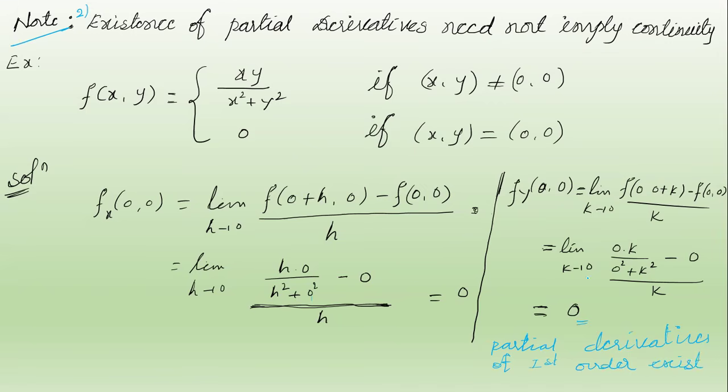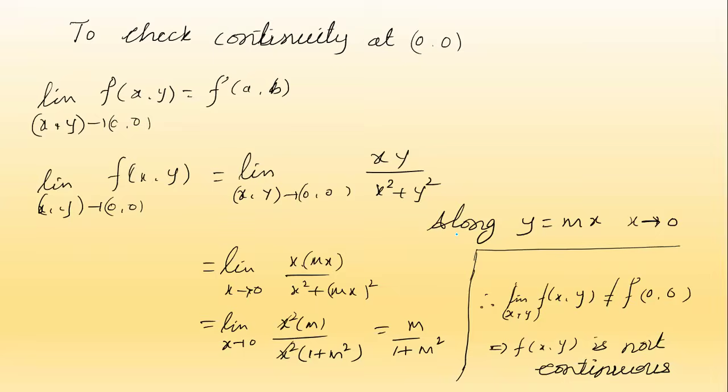Now, to check continuity for this function at a comma b, the definition of continuity is: limit x y tends to a comma b, f of x y is equal to f of a comma b. Here a b is 0 0, therefore limit x y tends to 0 0, f of x y, is the limit of x y divided by x square plus y square.